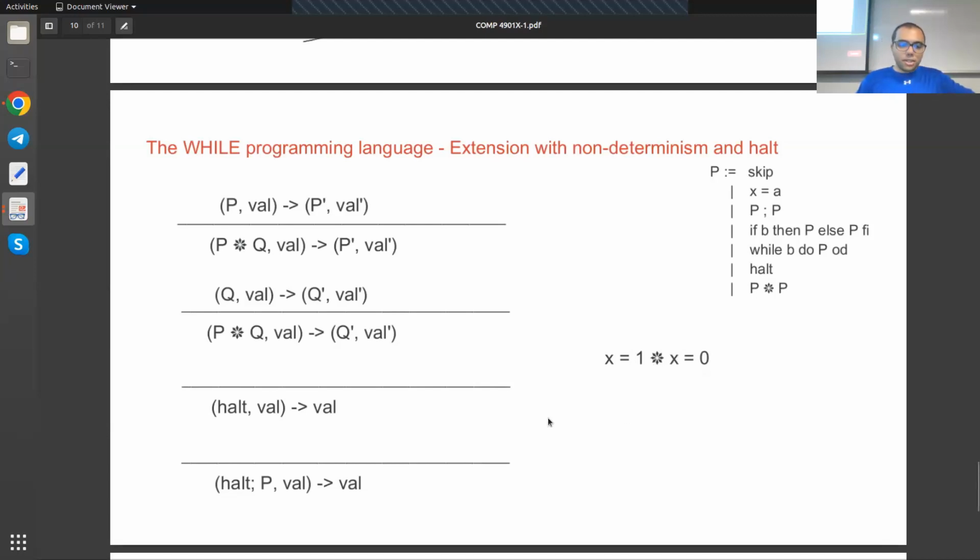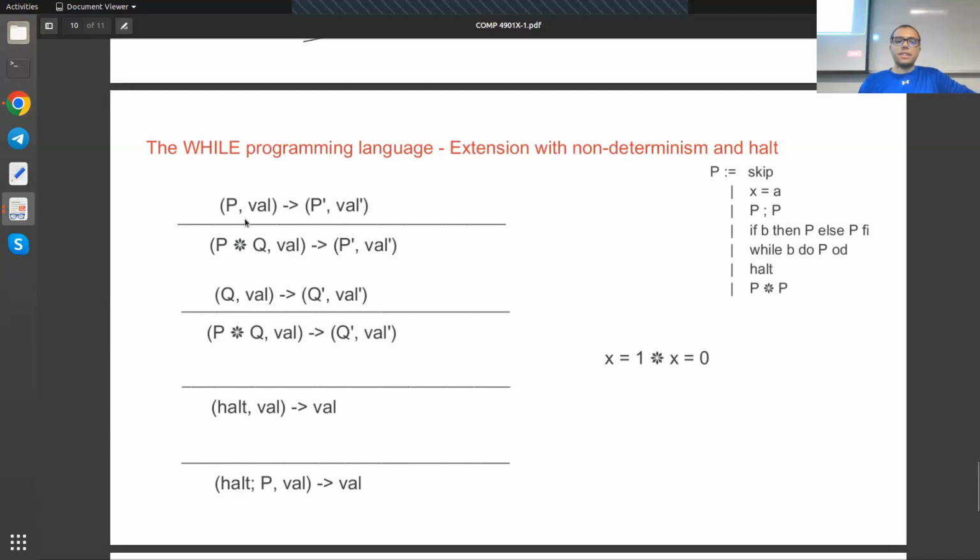Okay, so here are the rules that actually give us semantics for this. So suppose that I have this program, non-deterministic choice between P and Q, and currently the values of my variables are given by val. Now, I don't know which one is going to be executed.